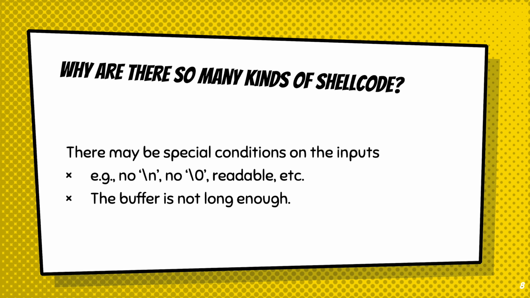Another possible case is that the buffer may not be long enough to keep the shellcode. So sometimes you have to have a much shorter shellcode in order to fulfill what you need.